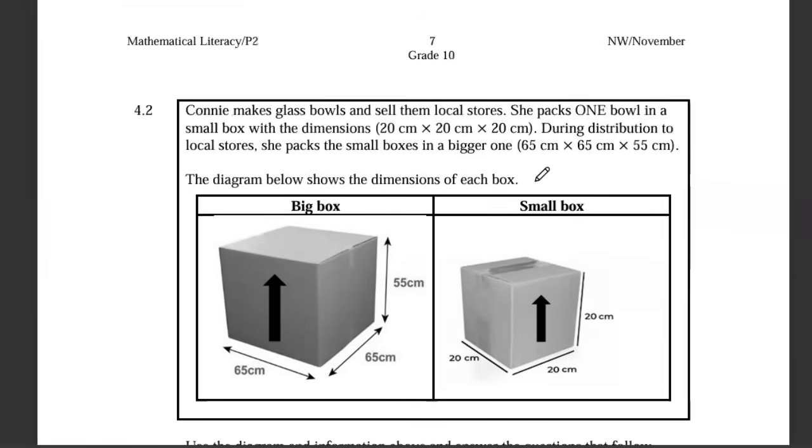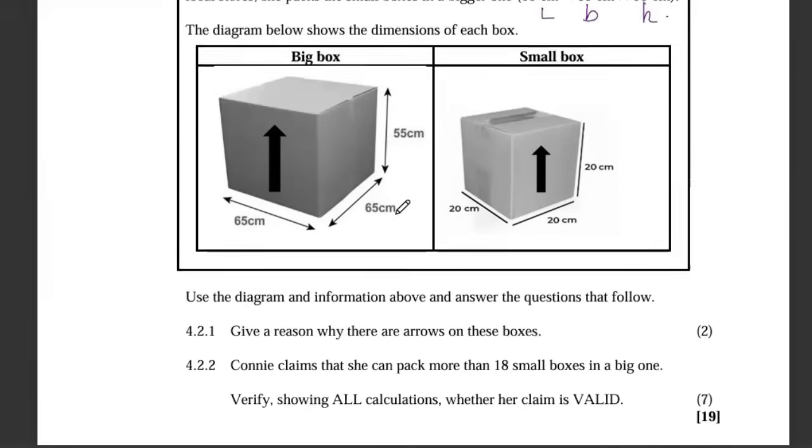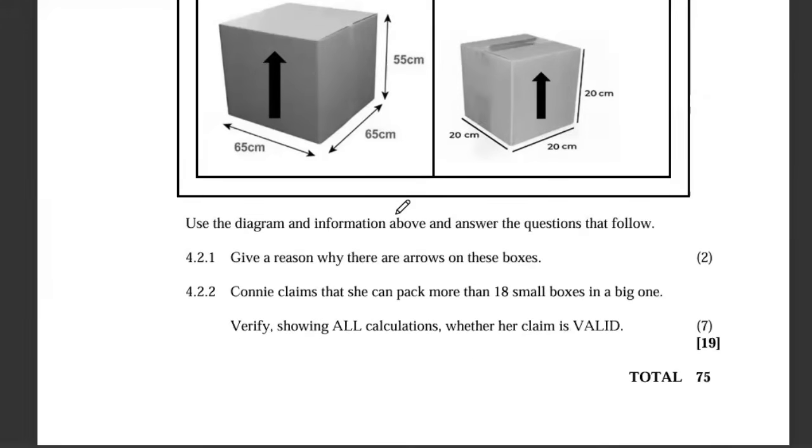Okay, so now what we need to know is this is the length, width, and height. Same story, length, width, and height. Okay, we come here and we say, give a reason why there are arrows on this box. To indicate fragility. Keep it up, to show the direction where it should face. To keep it up, avoid breaking.